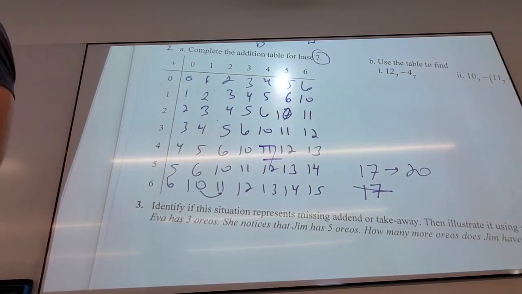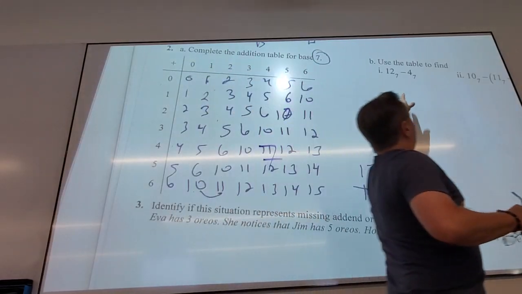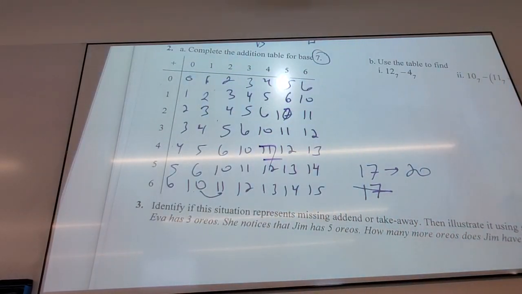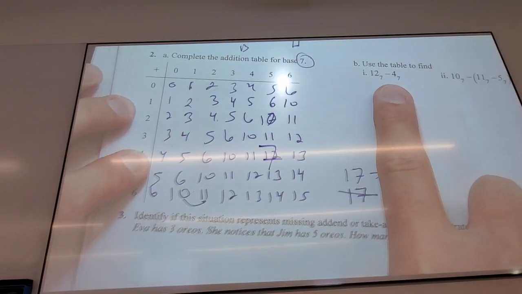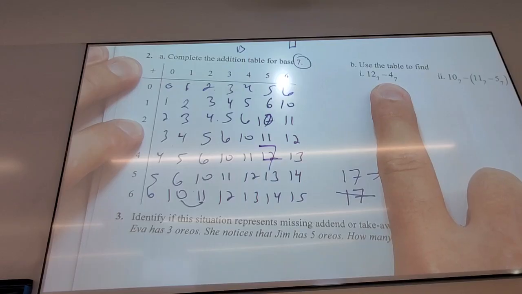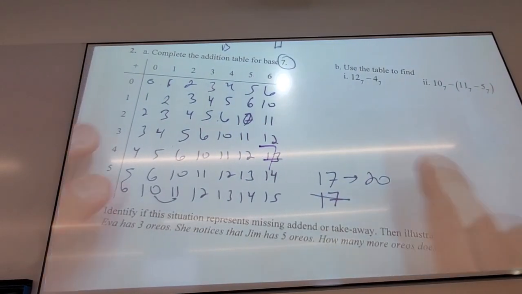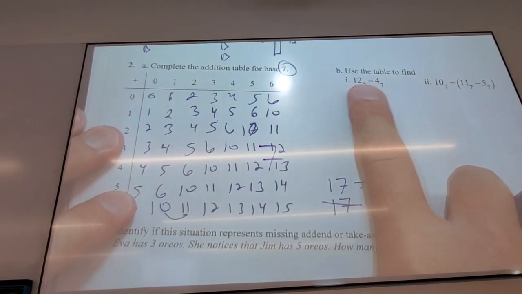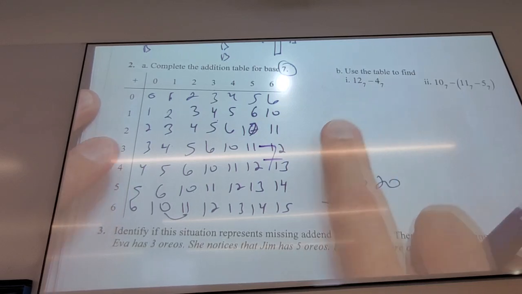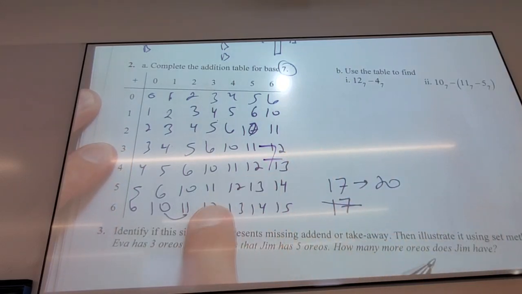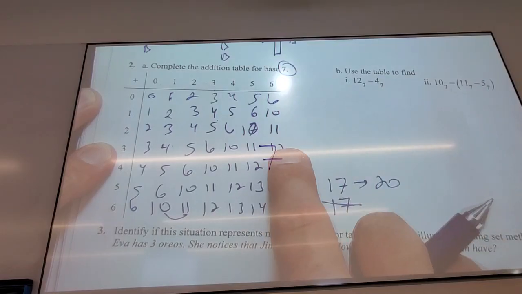Okay, I like it. How do we answer this question now? Say again? Yeah, you can't just do 12 minus 4, right? But you look and you say, okay, where did I get here? Here's some 12s, yes, there's some 12s. But which one came from a 4?